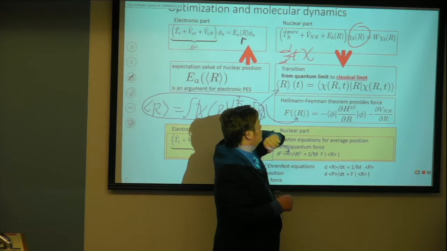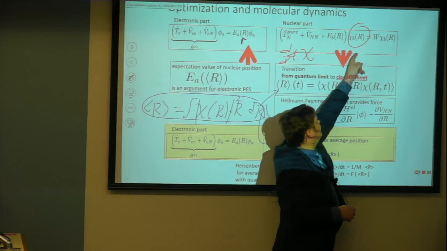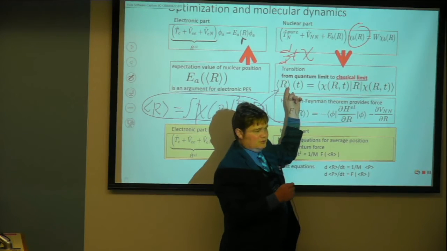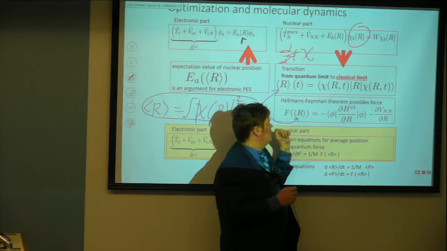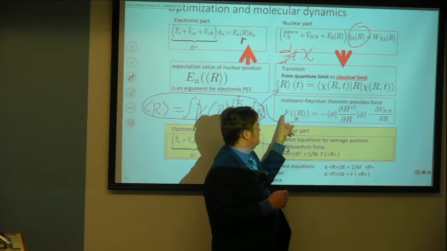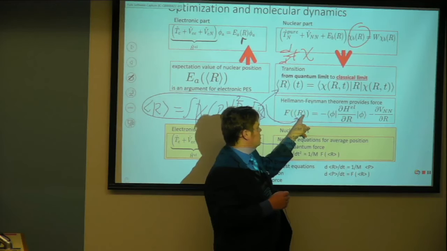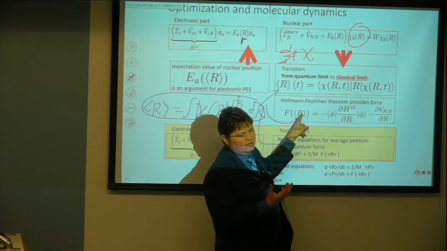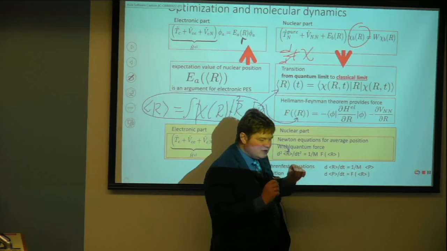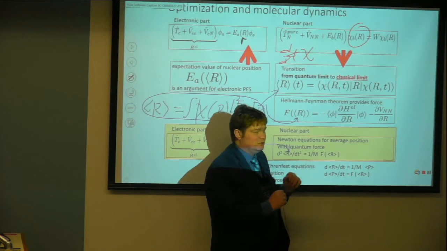We are going to jump from the nuclear wave function to the expectation value of the position of each nucleus. And then, using several theorems, one can find what will be the force acting, the analog force that will be the reason to change this expectation value of position.